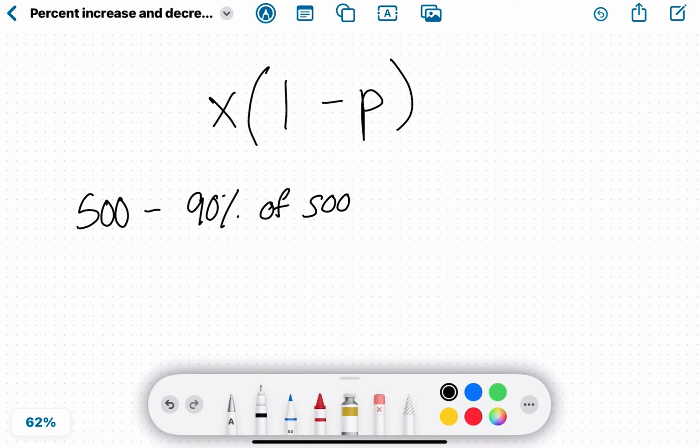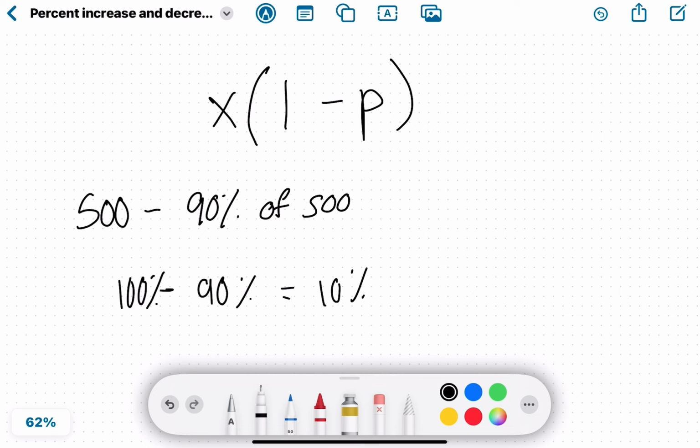Or you could just do 100% minus 90%, and then you get 10%. All you have to do is find 10% of that number. Super simple. Before we were adding the percentages, now we're just subtracting them because we're decreasing.